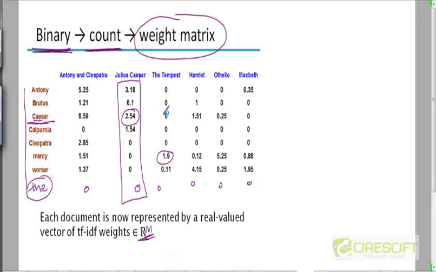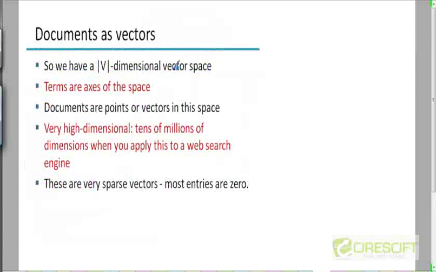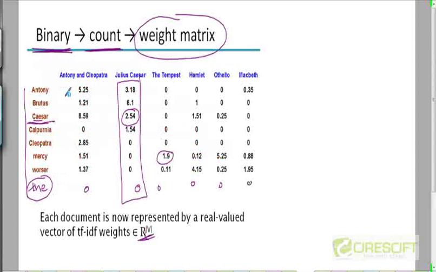Of course, you can't imagine a v-dimensional space for v greater than 3, but in an abstract way, just think of a v-dimensional vector space, where each dimension corresponds to a particular vocabulary term, because the length of each vector is just the number of vocabulary terms here. So each term is defining an axis in that multi-dimensional space.